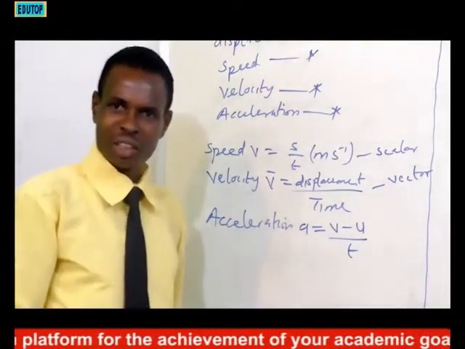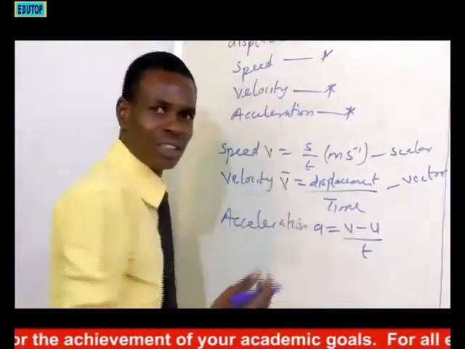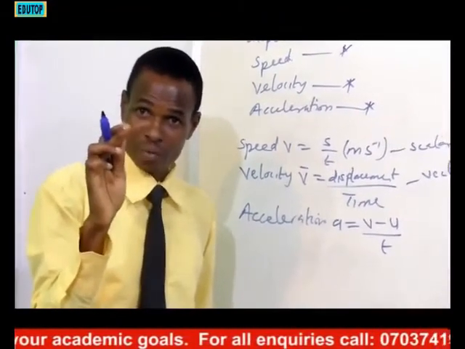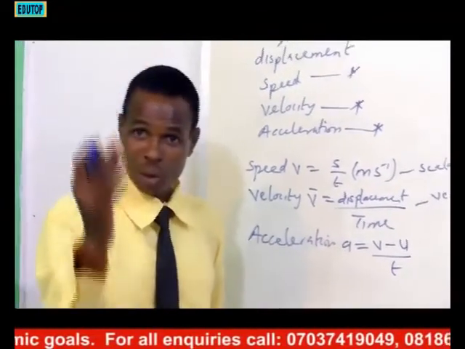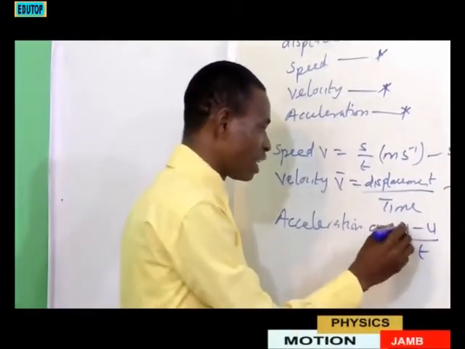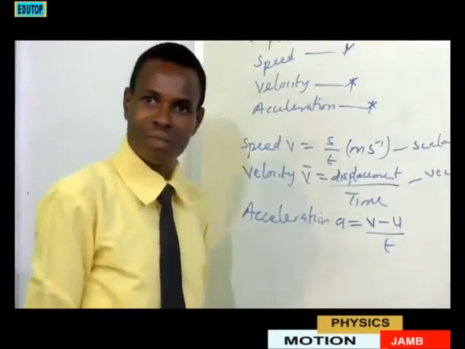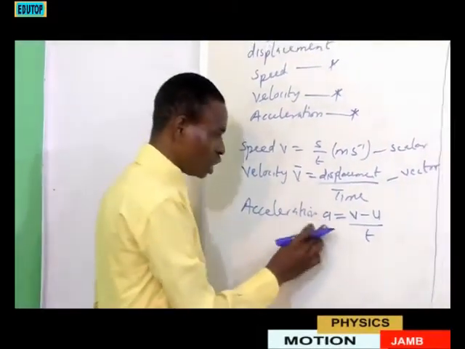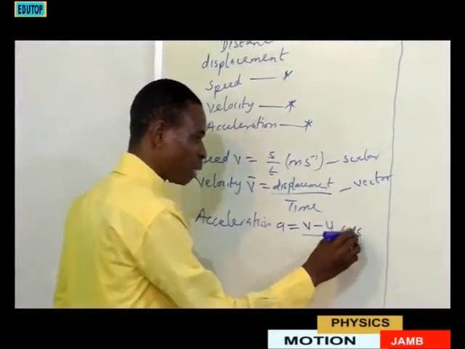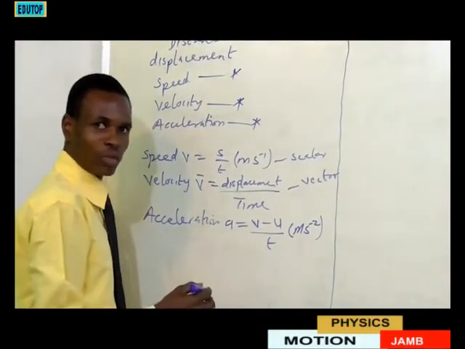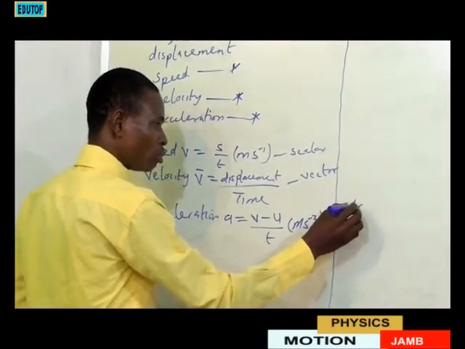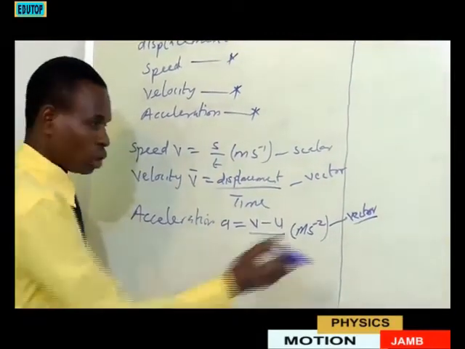When we say change, if you say change in x, we are talking about two different positions on the Cartesian plane, x2 minus x1, y2 minus y1. This one can also be v2 minus v1. But in this case, we are talking in terms of final velocity and initial velocity. And the unit is meter per second squared. Please take note of that. And acceleration is also a vector quantity.